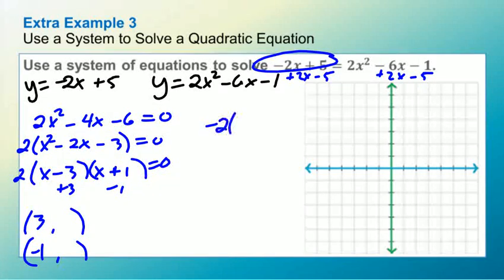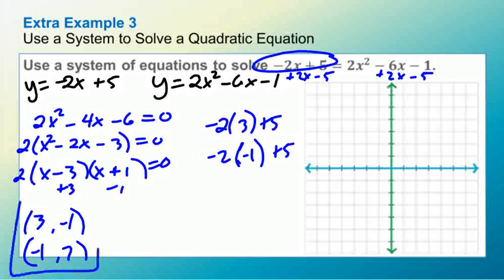So negative 2 times 3 plus 5. Negative 6 plus 5 is negative 1. And negative 2 times negative 1 plus 5. That's 2 plus 5 is 7. So my points would be 3, negative 1, and negative 1, 7.